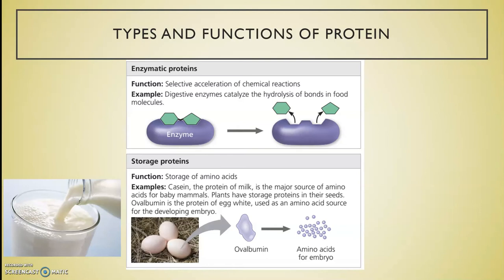Take note of that. So one good example of your enzymatic proteins is your digestive enzymes that catalyze the hydrolysis of bonds in food molecules. So digestive enzymes found maybe on our digestive tract, in our mouth, or in our stomach. Okay, it helps the breakdown of the food that we eat.